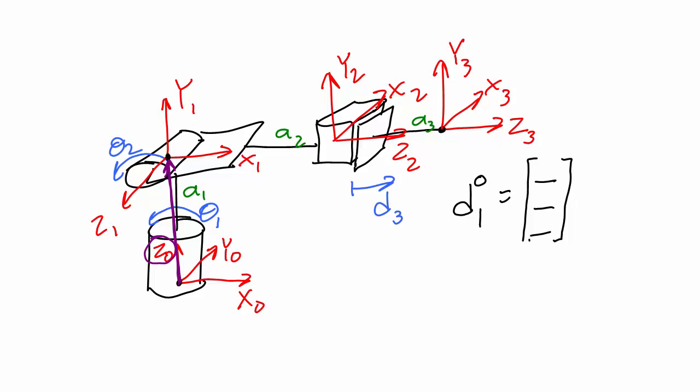There is no displacement between these two frames in either the x0 direction or the y0 direction. That means that my x and y values for this displacement will both be 0. What value would I fill in for the z displacement? Here I have to fill in the distance between these two frames in the z direction. And here that value is the link length, A1.